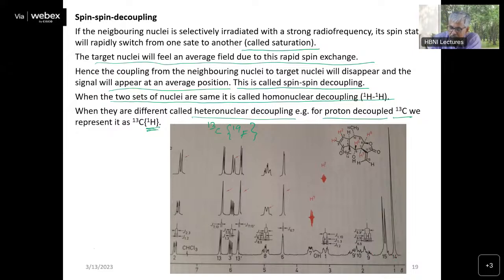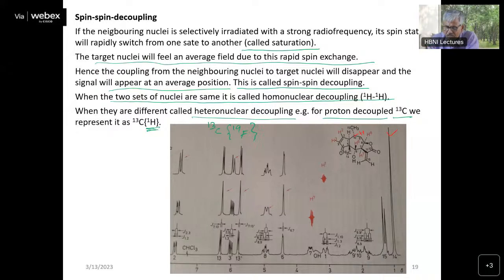Depending on the number given here, you can see they have been identified and mentioned here in the spectrum. Okay, so you can see that this methyl is coming as a singlet, whereas this methyl is coming as a doublet because you have a hydrogen here.